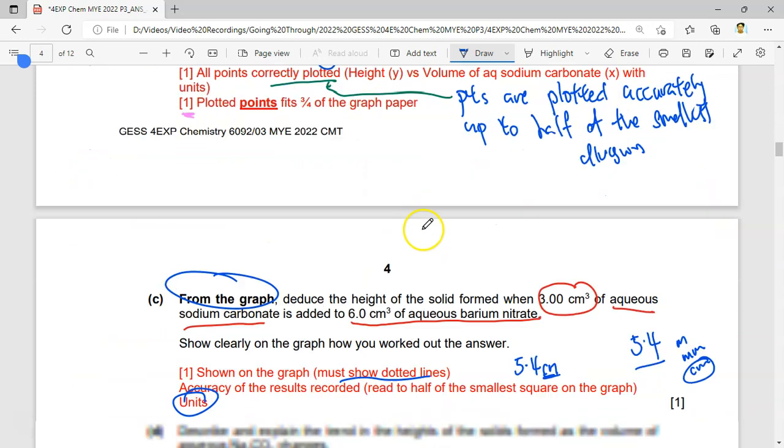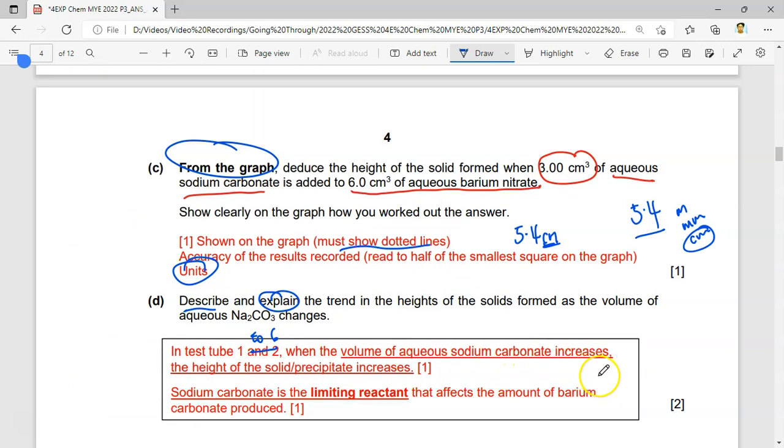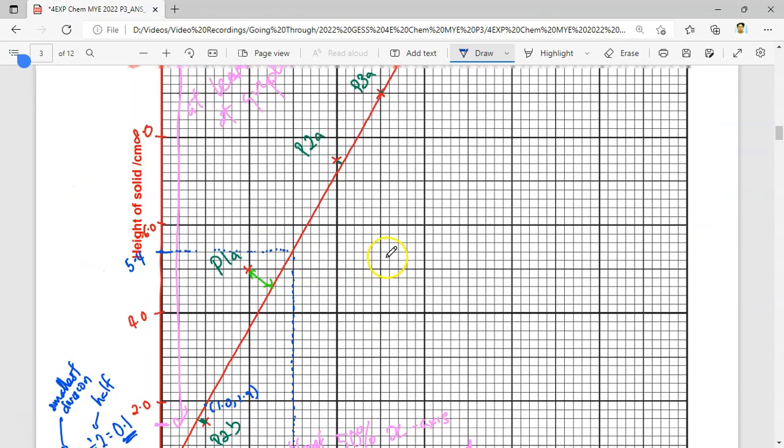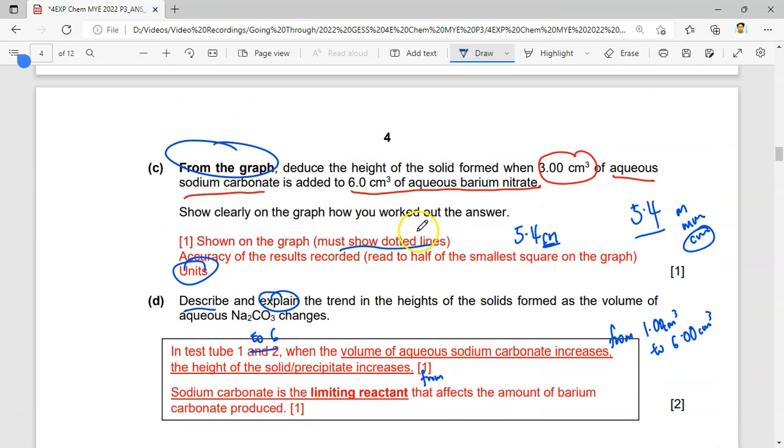So what I will most probably say is when the volume of aqueous sodium carbonate increases from 1.00 cm cube to 6.00 cm cube, based on your graph, the height of the solid or precipitate increases from, in this case, my graph would be 1.9 cm to 10.7 cm.